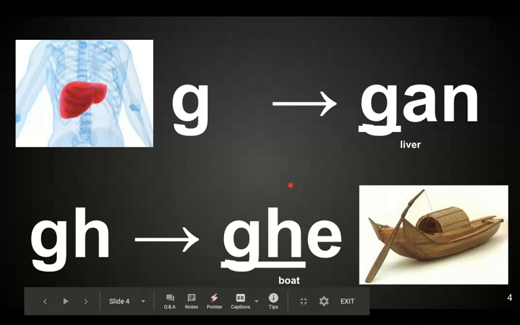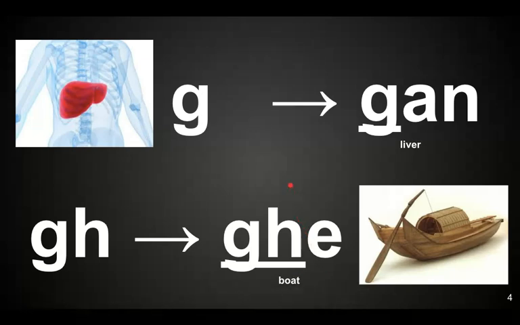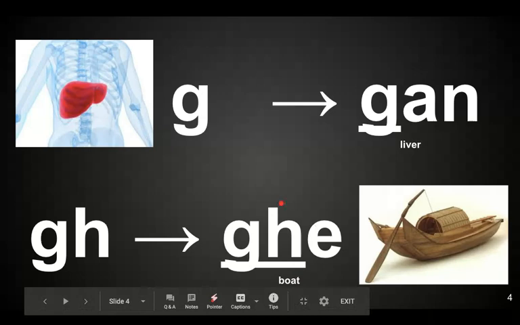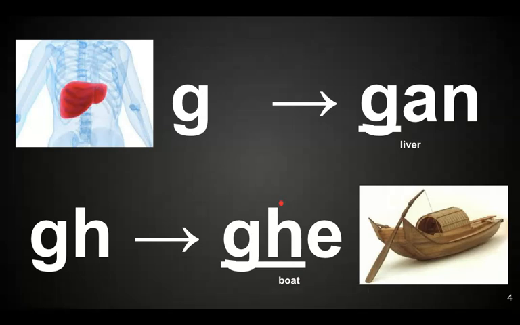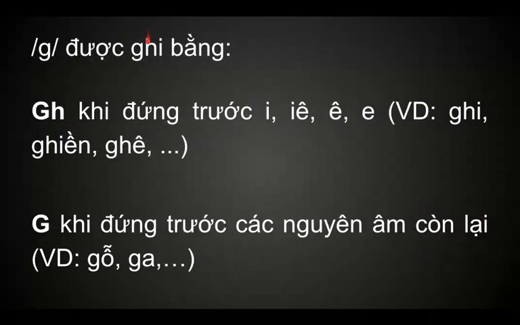So how do you know which one to use? Like if I'm dictating something to you, and I say gan, how do you know to use ze only and not ze, hat? Or if I say yeah, how do you know to use ze, hat and not just ze? You know because of this rule.